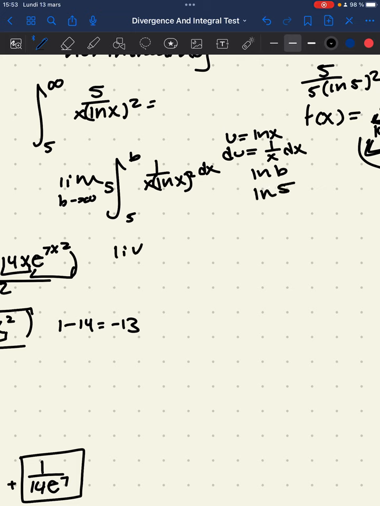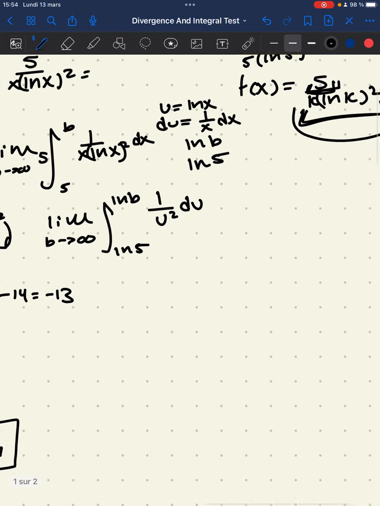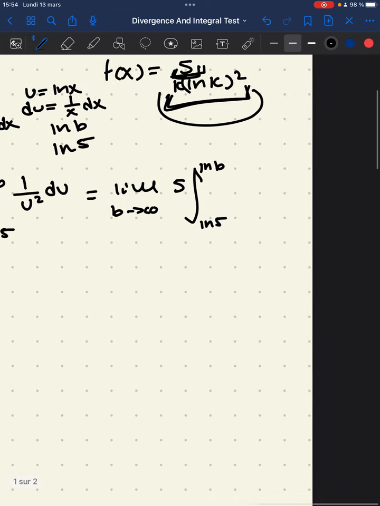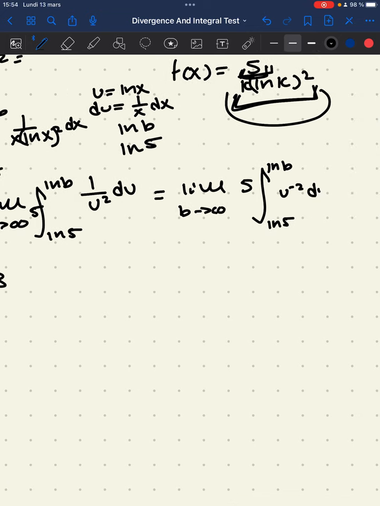So now let's just plug in our new bounds and simplify into terms of u. So this will be ln b, ln 5. So it would be 1 over u squared du. Now this is the same thing as saying limit as b approaches infinity. Oh, you can't forget the 5. Limit as b approaches infinity of 5 integral from ln 5 to ln b of u to the negative 2 du.